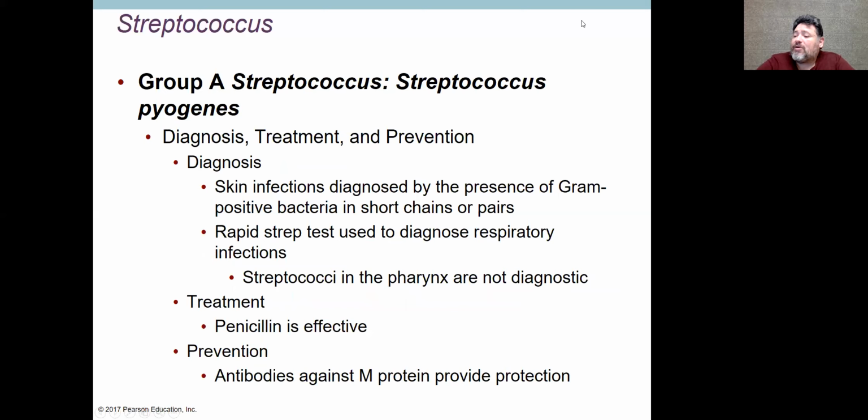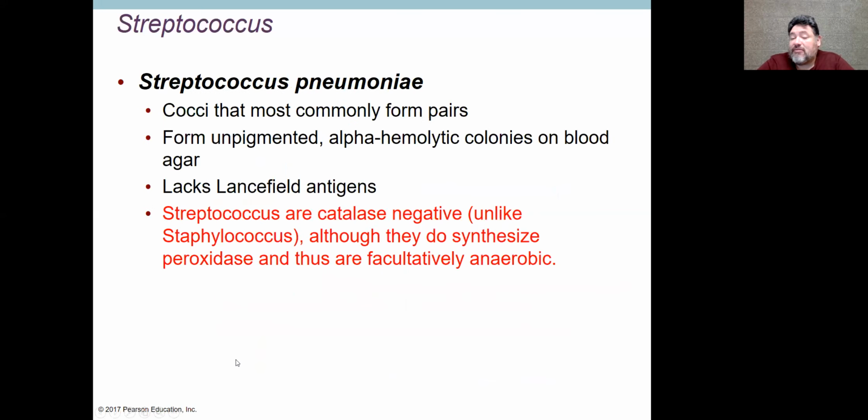Okay, what do we need to know? Gram-positive bacteria in short chains or pairs, hence the name. And penicillin is the antibiotic of choice. Okay, not a surprise because we're dealing with gram-positive microorganisms.